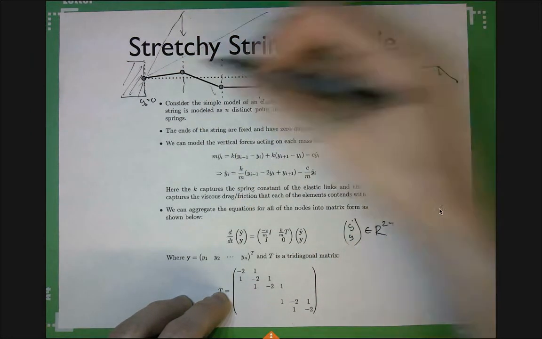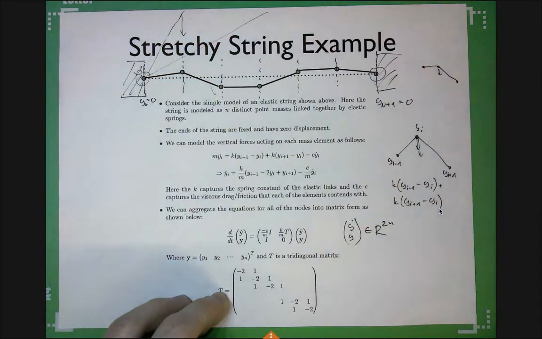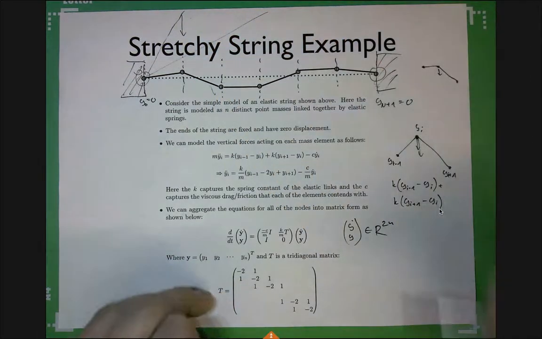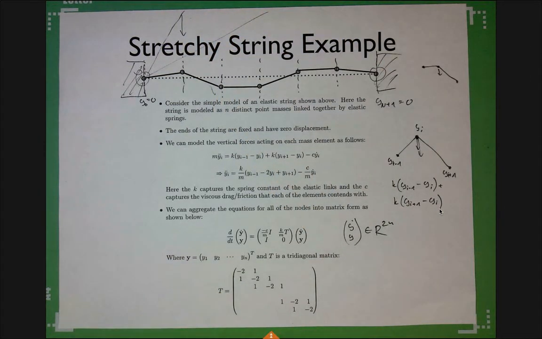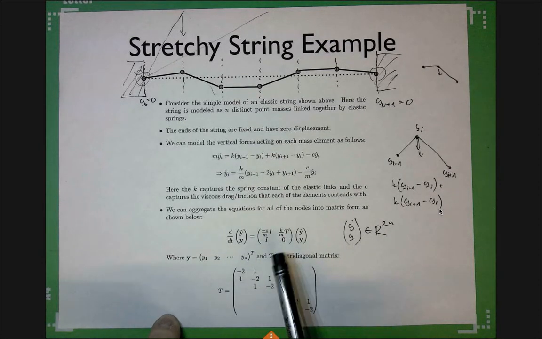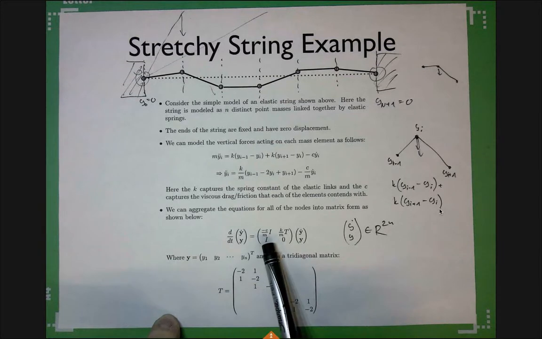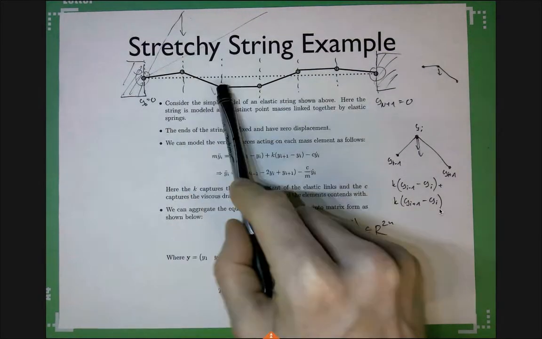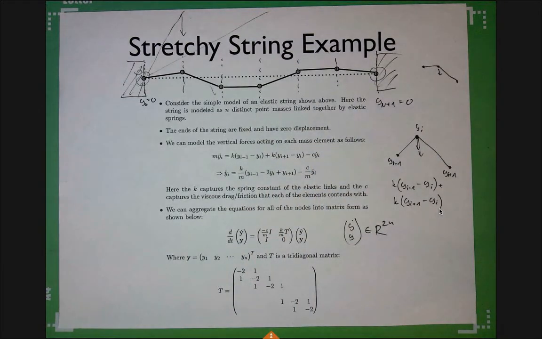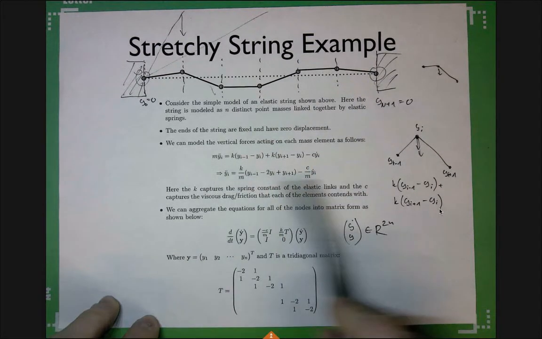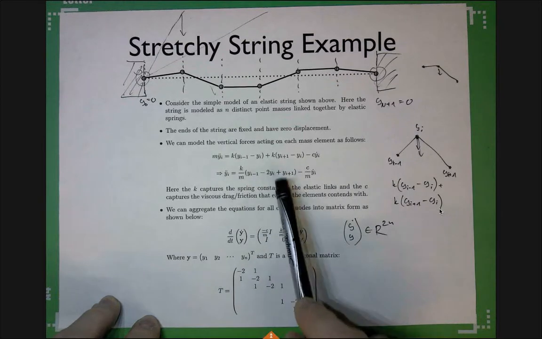The endpoints don't count because they don't move, but the ones inside do move. If I write it in matrix form, it's really just the damped harmonic oscillator, but done for every single spring, basically putting these equations together.